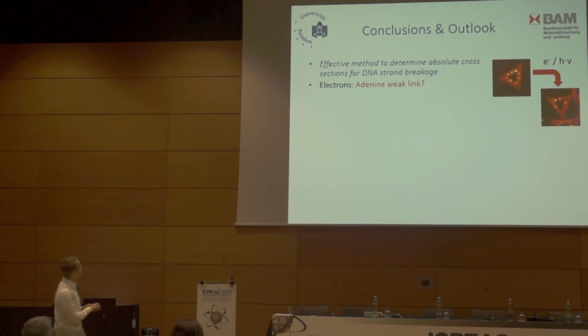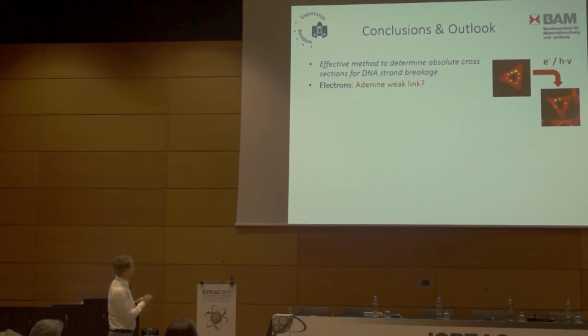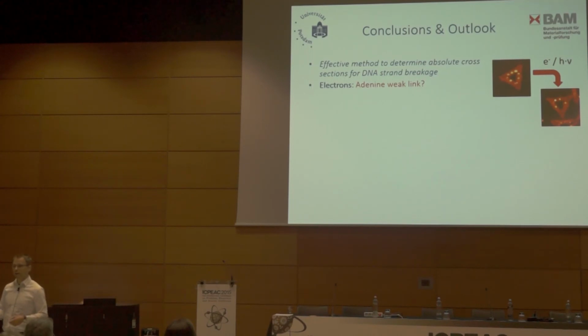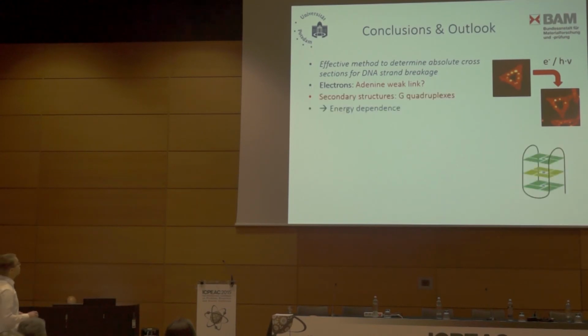We developed an effective method to determine absolute cross-sections for DNA strand breakage. We applied this to electrons, and we find that adenine might be a weak link in oligonucleotides. We compared secondary structures with primary structures in the form of guanine quadruplexes. There is a bit more research going on in this direction to understand these processes in more detail.